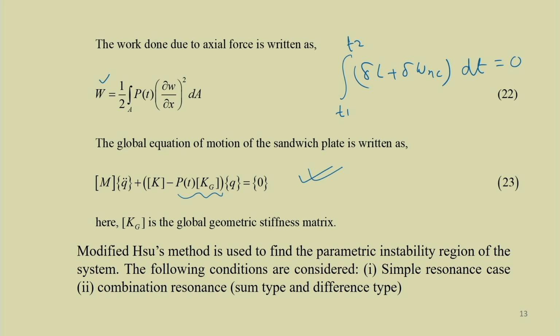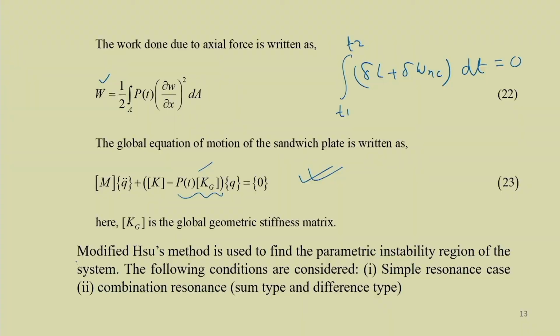If this term is not there, that is, for the free or forced vibration case that we have seen previously, the equation can be written as M q double dot plus K q equal to 0, or M q double dot plus K q equal to force. But if this compressive loading case is considered, then this equation will be reduced to this form, which is similar to a Mathieu-Hill type of equation.